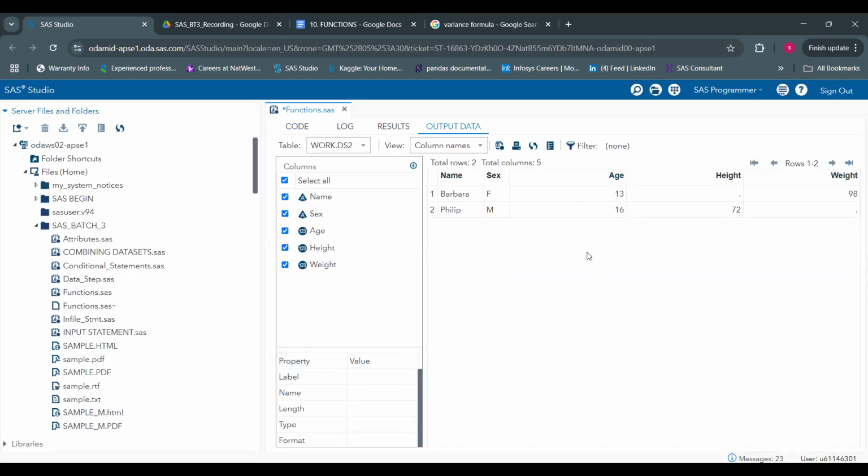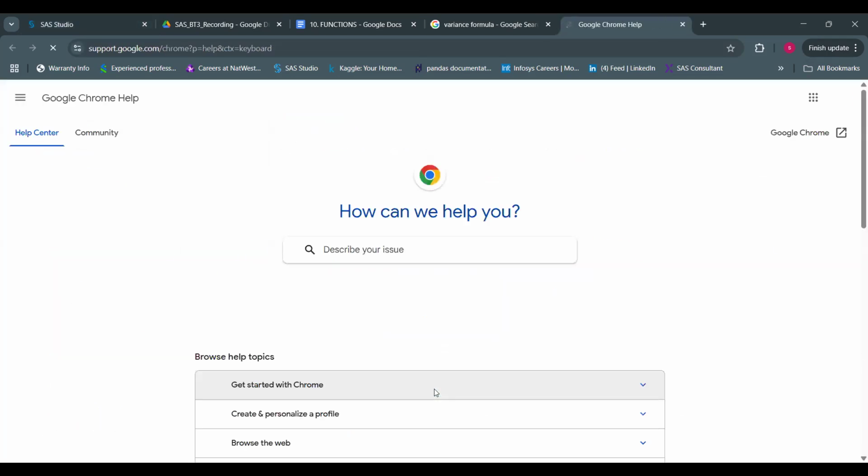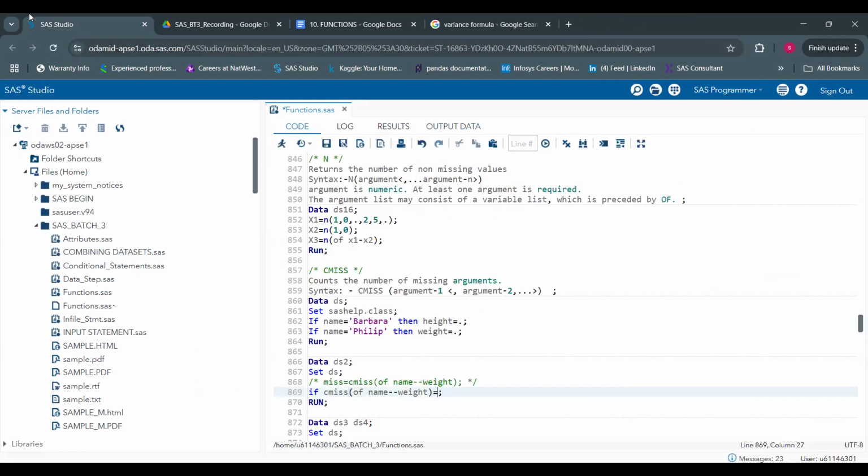Either if you write equal to 1, we'll get the same data. Or else just say if cmiss of name double hyphen weight, it'll filter down to all the data with the missing values.